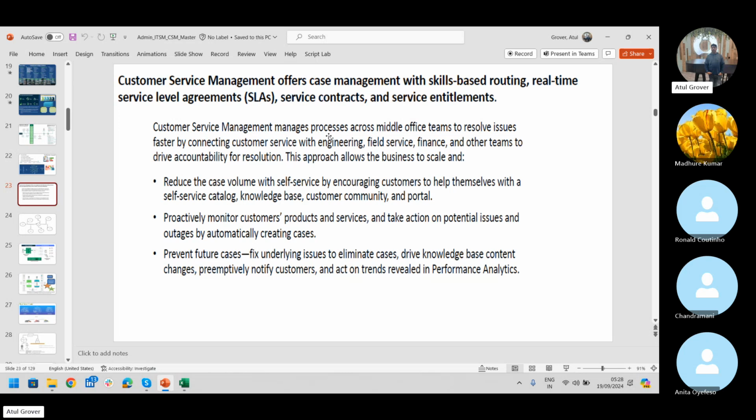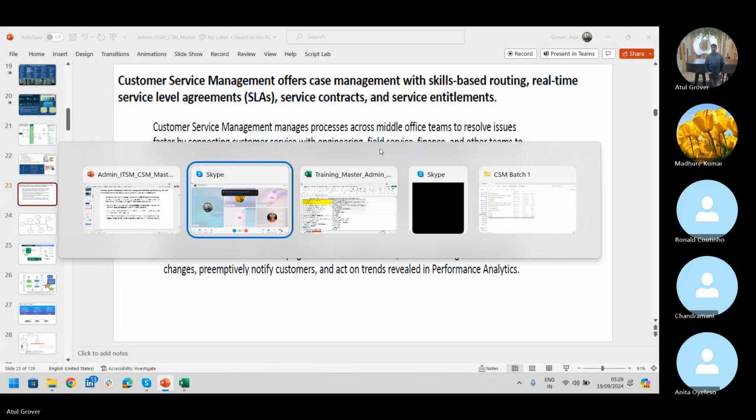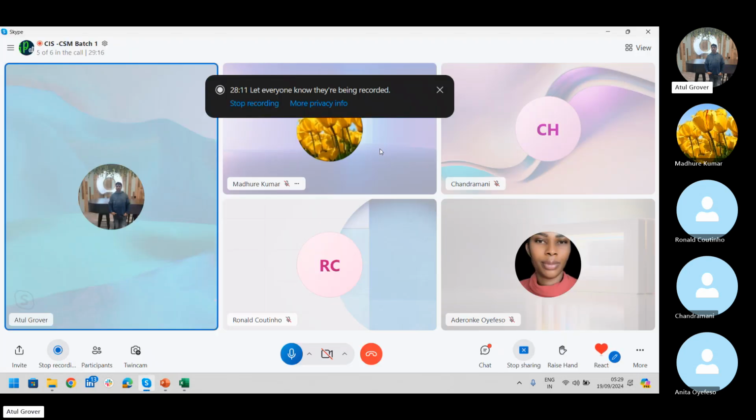If I am working as an agent, I get a call from Ronald. I'll take that call and put in the details. If I think that a visit is required at Ronald's place, I'll raise a field service case in the background so that it can be sorted out. Because my customer is anywhere, like Jio is starting to install 5G routers and fiber cables everywhere.